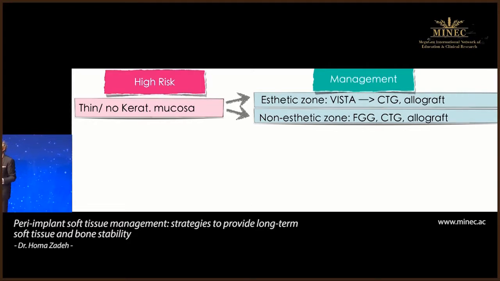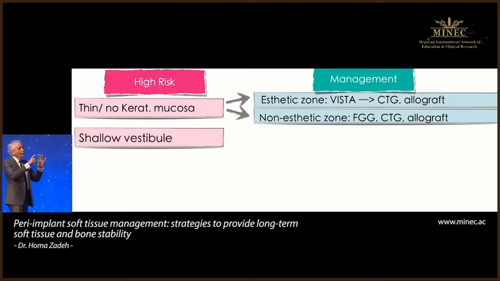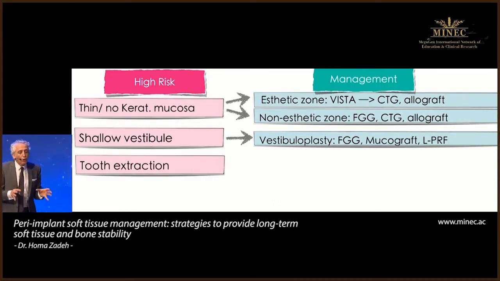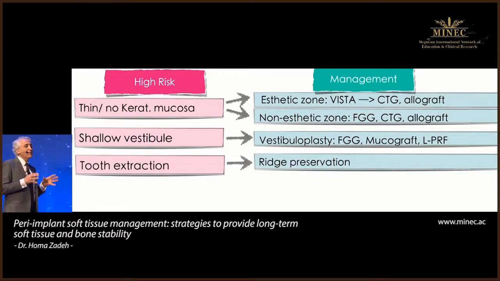You don't have to necessarily use a keratinized graft. In cases of shallow vestibule, you can perform vestibuloplasty using a free gingival graft or using a xenograft or using LPRF as described. Around tooth extraction, you want to preserve the bone, you want to preserve the mucosa.